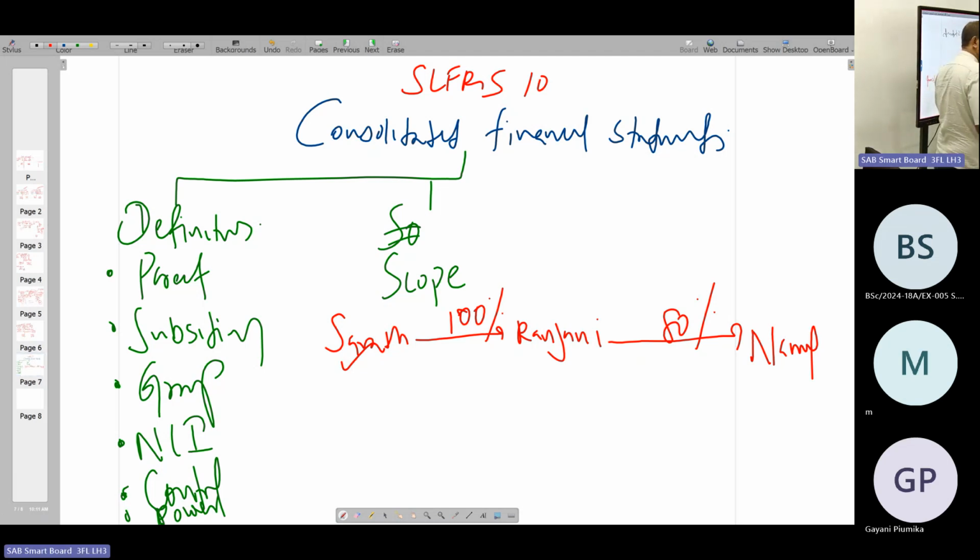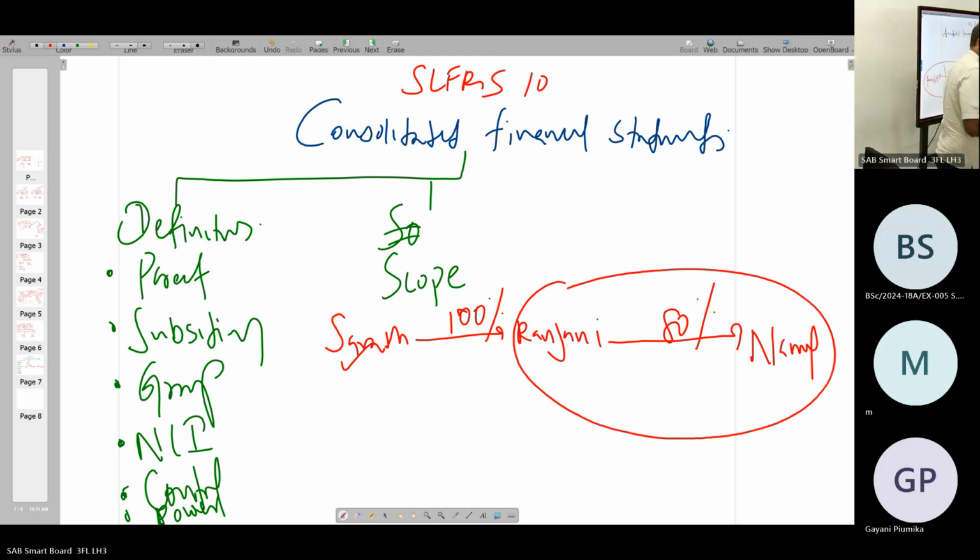Ranjani is also a parent, theoretically. Right? And then again, under the scope of SLFRS 10, the standard explains the exemption. The exemption is the rule.